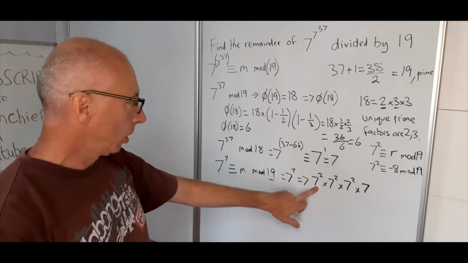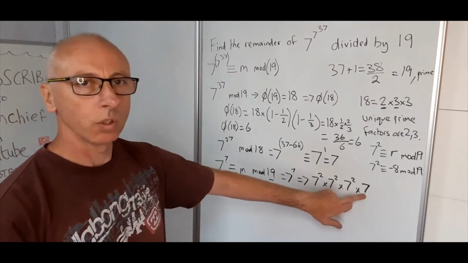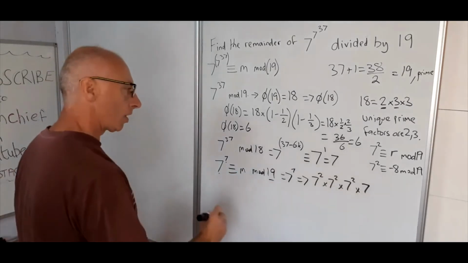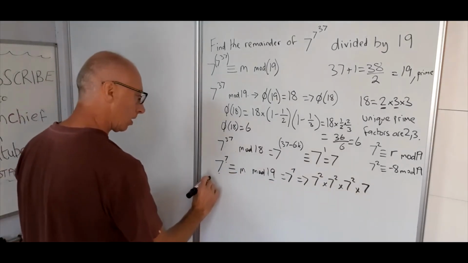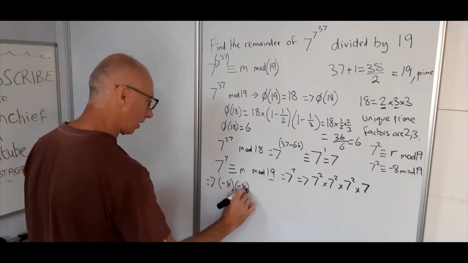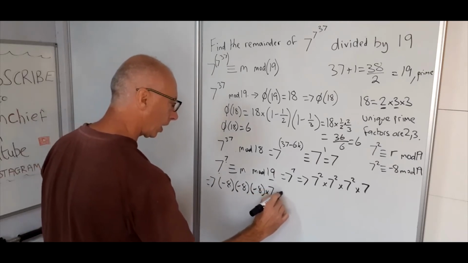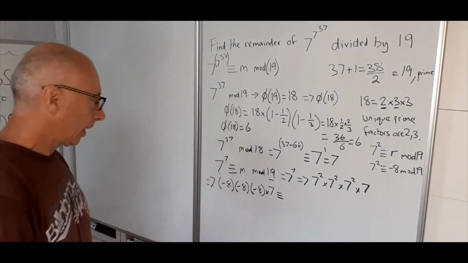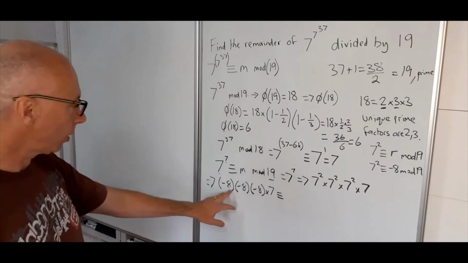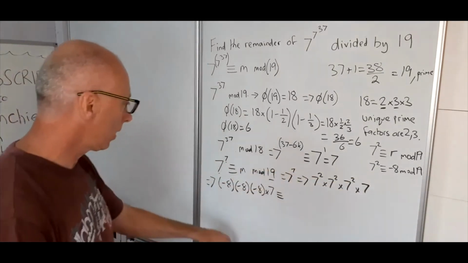As we're in modulus 19, we can substitute minus 8 for all of these numbers. So now we get minus 8 times minus 8 times minus 8 times 7. Okay, need to try and simplify this a little bit more. This is still a little bit too big to handle modulus 19.